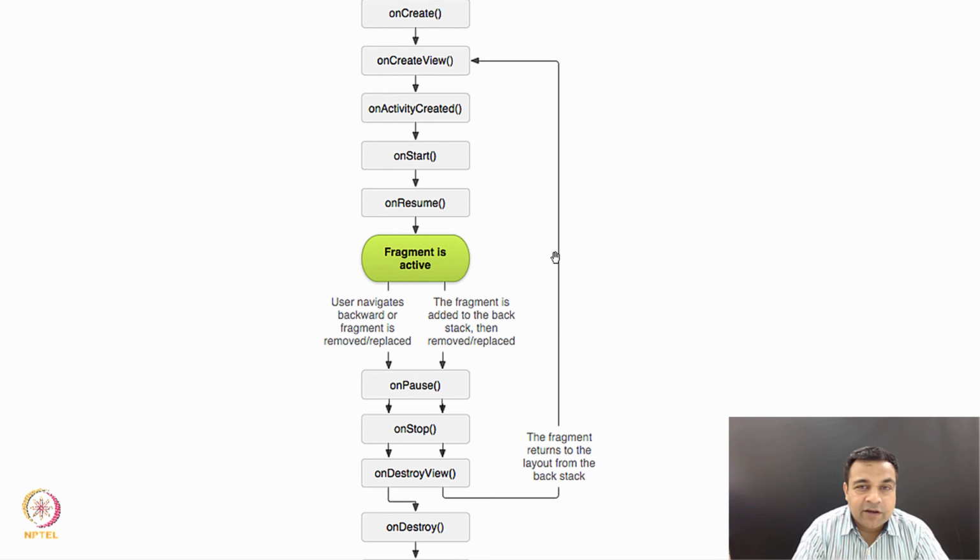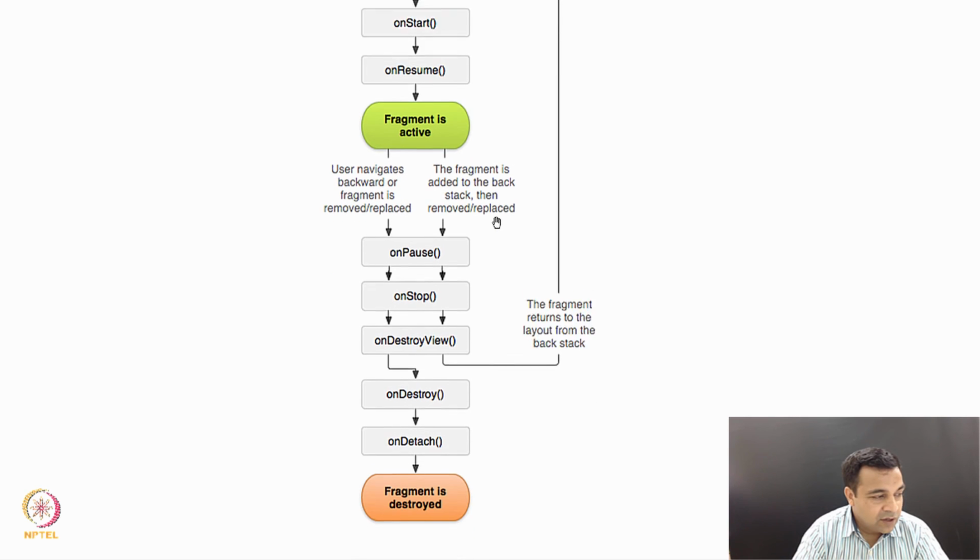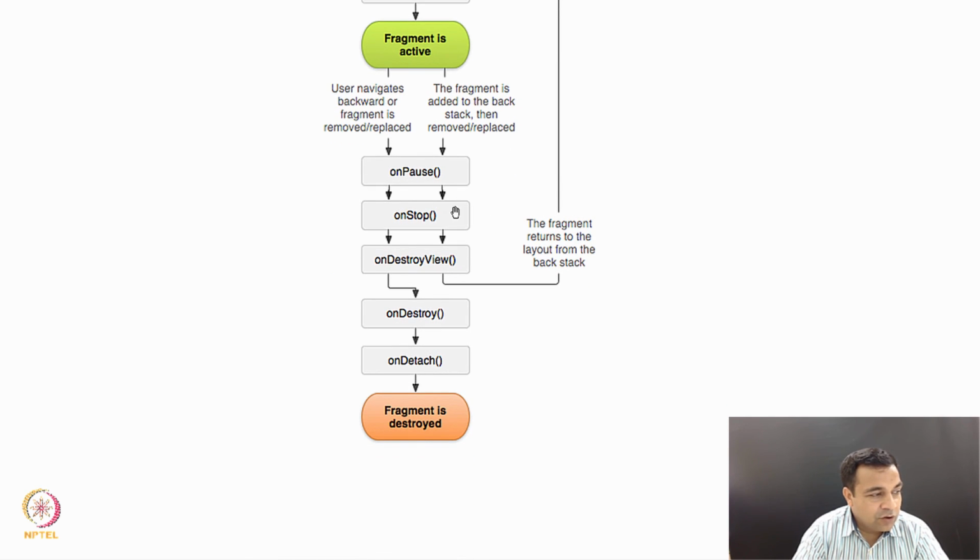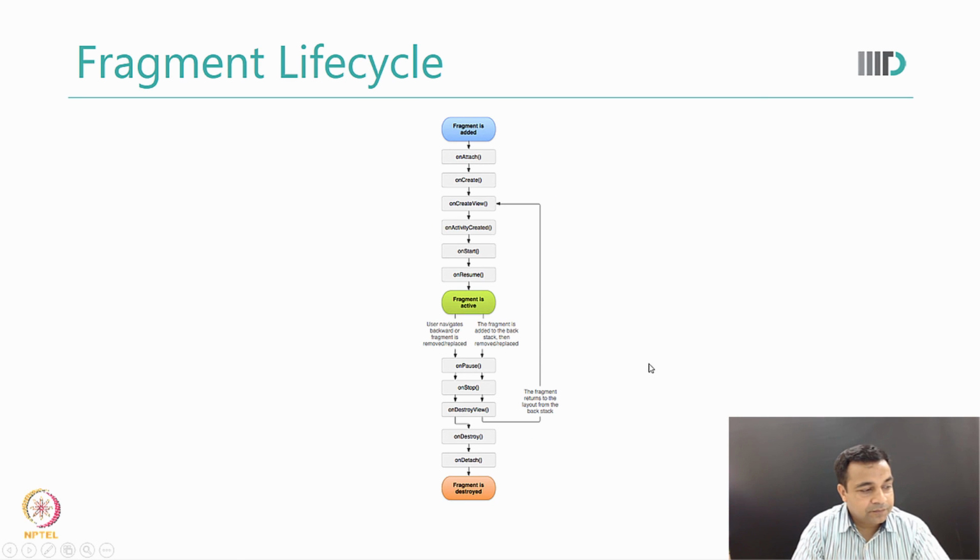Just like an activity, a fragment also gets active after the call to onResume. And then onPause, onStop, onDestroyView, onDestroy, onDetach. These are the callback methods which are part of the fragment lifecycle. Later we will see how these methods correspond with the methods of the activity lifecycle.